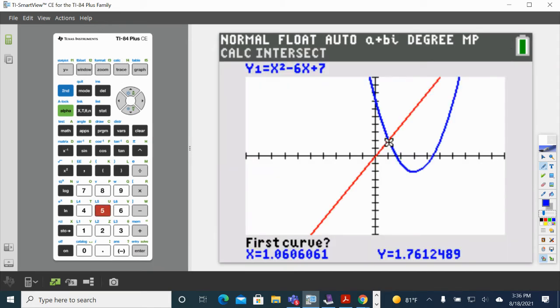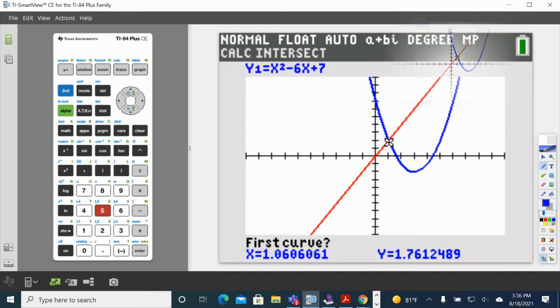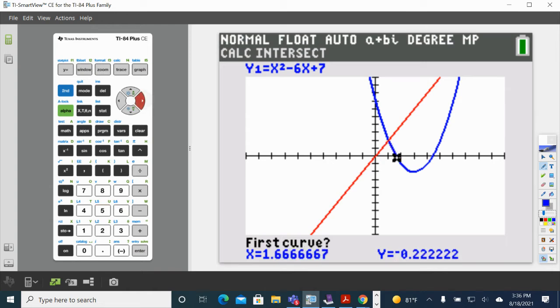Now, right now, my cursor is very close to the answer I already have. So before I can hit enter, enter, enter, I need to move my cursor so that it's closer to this point up here. Couple of things. If you arrow to the right, your cursor is going to move on a function. If you arrow up or down, it's going to jump from one function to the other. If you arrow left, it's going to move left on the graph.